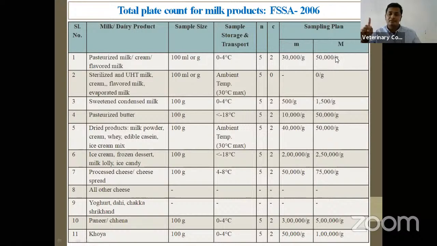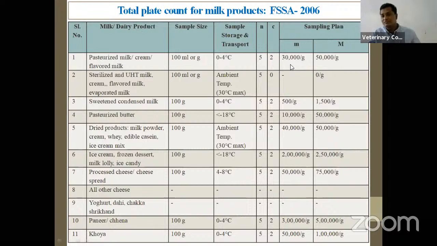So this is the maximum allowable microbiological limit, capital M. And small m is the entity that differentiates between acceptable. Anything less than small m is acceptable or marginally acceptable. Marginally acceptable means how much margin? That's what c determines. 2 samples out of 5 can have a count of 50,000 per gram.